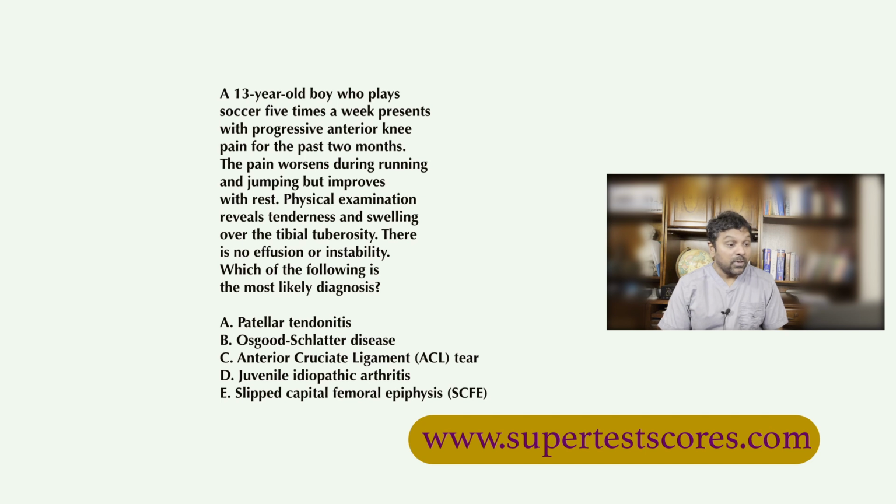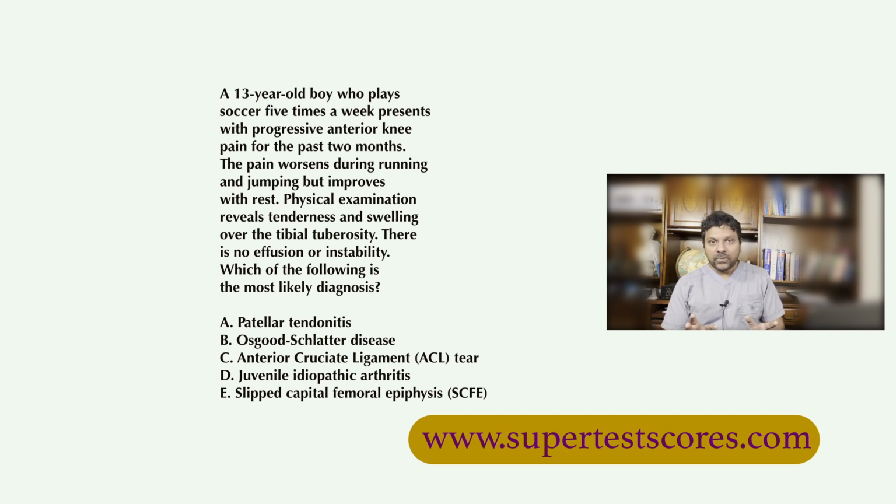A 13-year-old boy playing soccer 5 times a week, presenting with progressive anterior knee pain for the past 2 months. The pain worsens during running and jumping, but improves with rest. In the physical examination, you found tenderness and swelling over the tibial tuberosity.